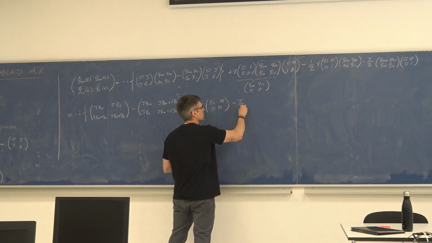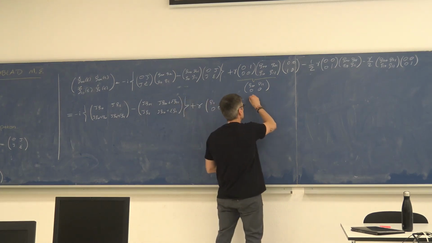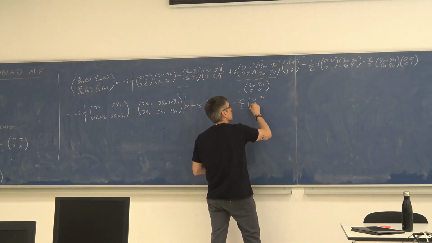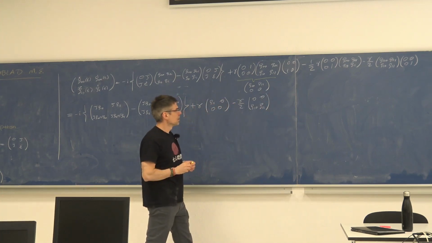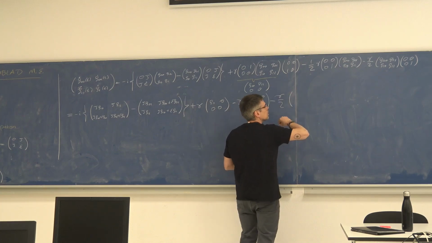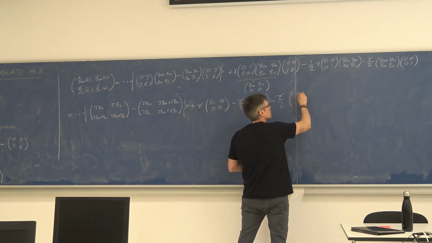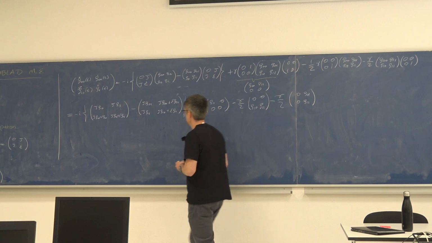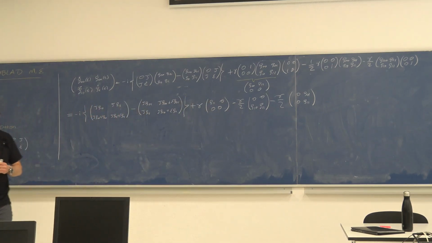Minus half, this and this, 0, 0, rho 1 0, rho 1 1. Minus gamma over 2, 0, rho 0 1, 0, rho 1 1. Okay? Are we happy?